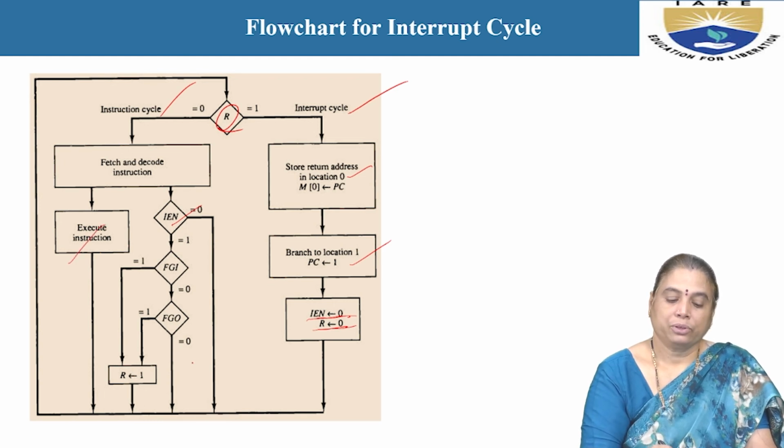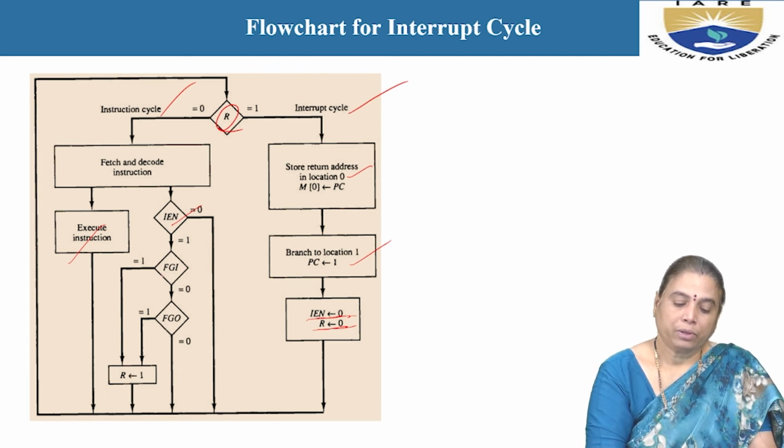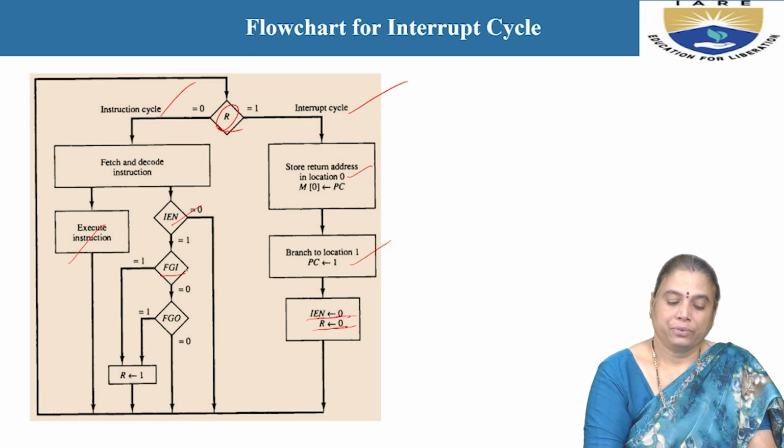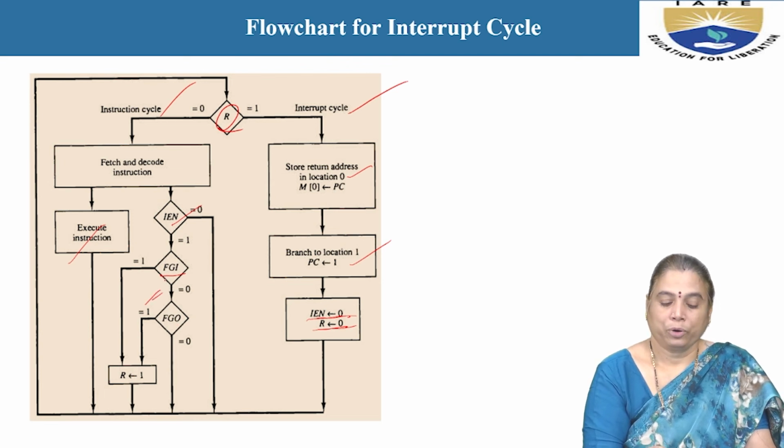If it is an IO instruction, then check whether it is for an input peripheral or an output peripheral with the help of FGI. If FGI is equal to 1, it means it is input; get the input, the data for execution. If FGO is equal to 1, it is an output device.